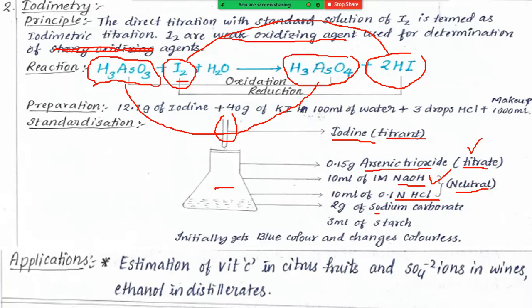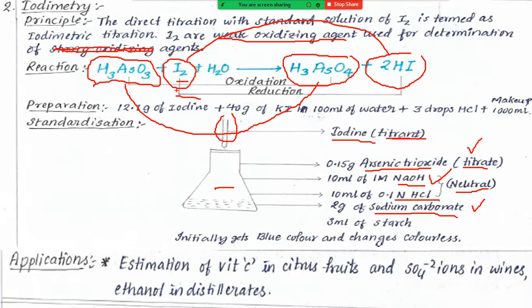Then we are adding sodium carbonate. This is very much important. Here the sodium carbonate is acting as a stabilizing agent. Why? Because iodine is a very weak oxidizing agent, so it does not react immediately with arsenic acid, right?